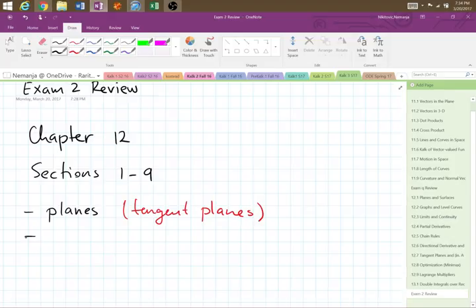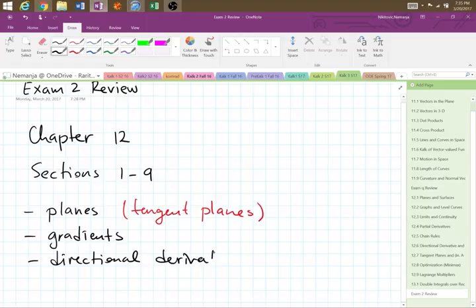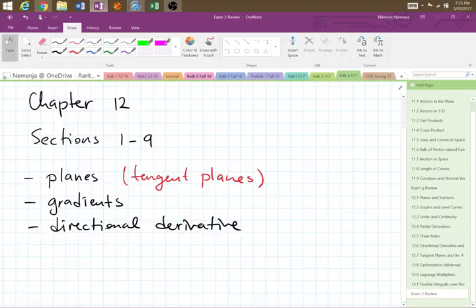What else is very important? Gradients, 2D, 3D. Directional derivative. Surfaces and shapes.